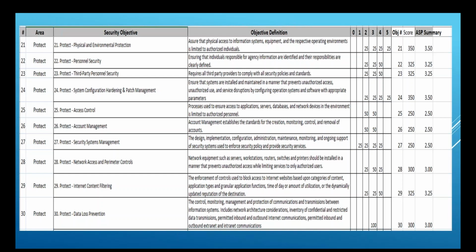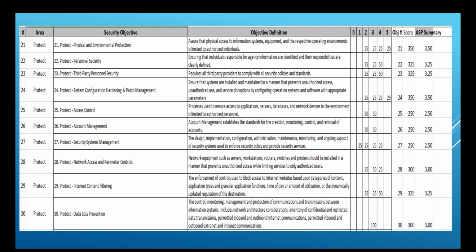Many of the vendors from time to time suddenly come out with, well, I've got a 0-day exploit. We need to upgrade to the next version. And are we responding to that in a timely manner? So that is under this control, number 24, system configuration, hardening, and patch management. And I scored this in the example 25 and 2 through level 5.